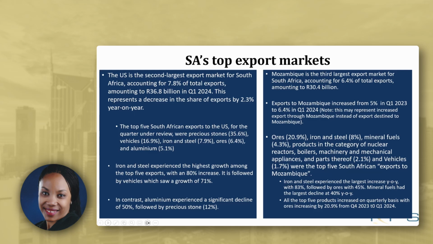Iron ores, iron and steel, mineral fuels, and products in the category of nuclear reactors, boilers, machinery, and mechanical appliances, as well as vehicles, were the top 5 exports to Mozambique.